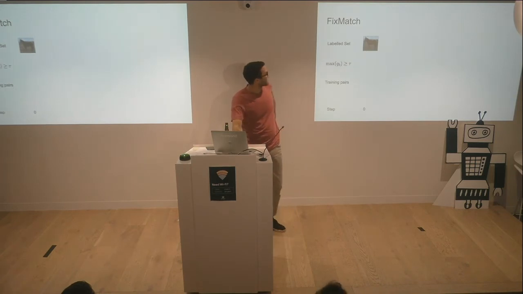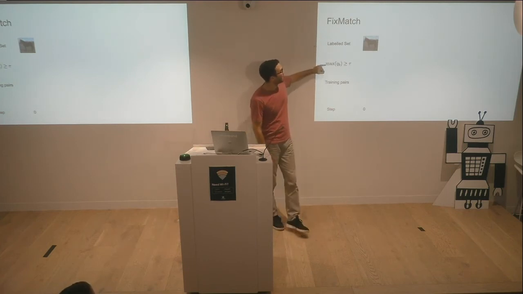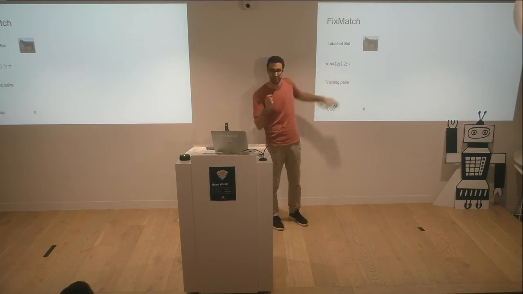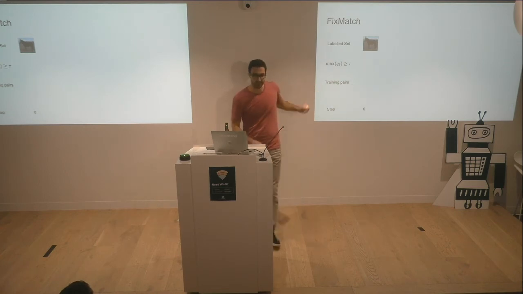Alrighty, so let's see how this plays out. We start off, we've only got one image in the labeled set. So that's our labeled set. This is the set of unlabeled images on which the model is confident enough, above a certain threshold, that it can say what they are to get the pseudo label. And these are the training pairs that we're going to train on for this step.